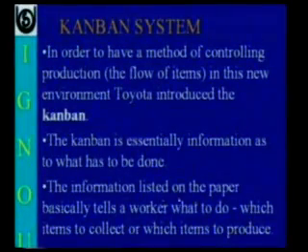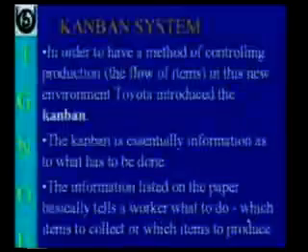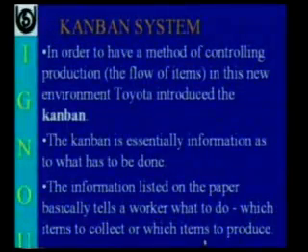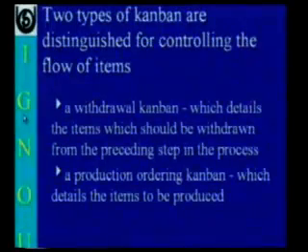The information listed on the paper basically tells a worker what to do, which item to collect or which item to be produced. There are 2 types of Kanban system. First is called the withdrawal Kanban system and another is called the production ordering Kanban system.